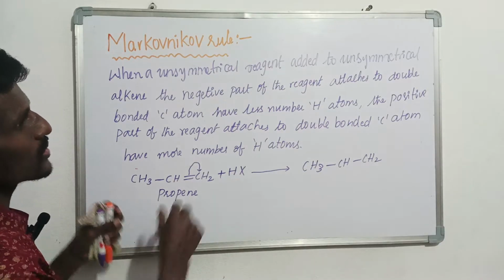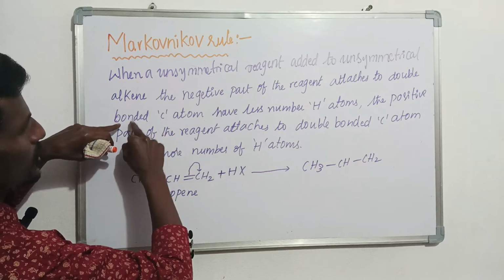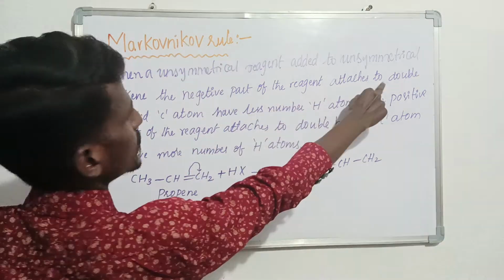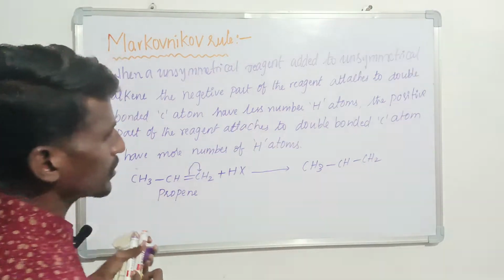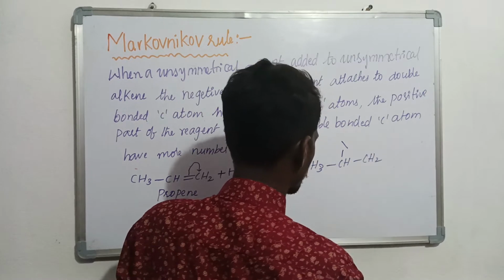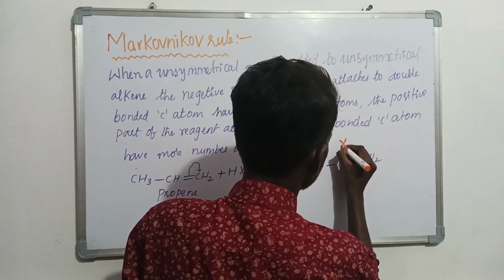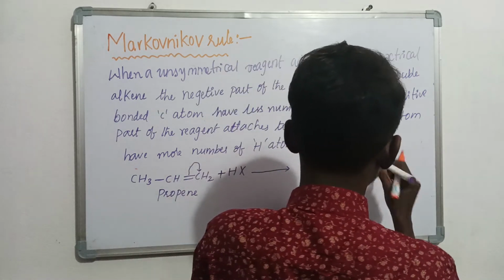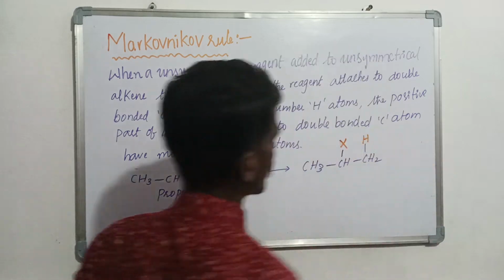So, the negative part of the reagent attaches to the double bonded carbon atom that has less number of hydrogen atoms. H will be added here and X will be added here.